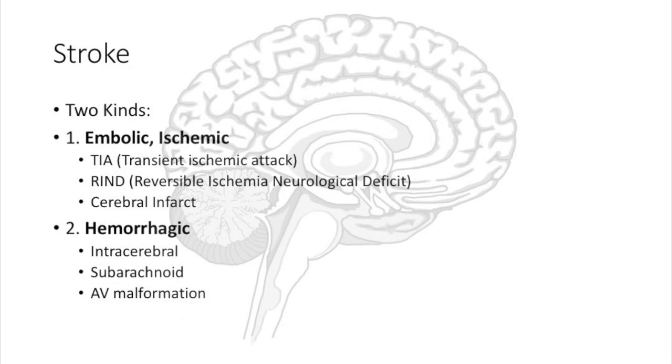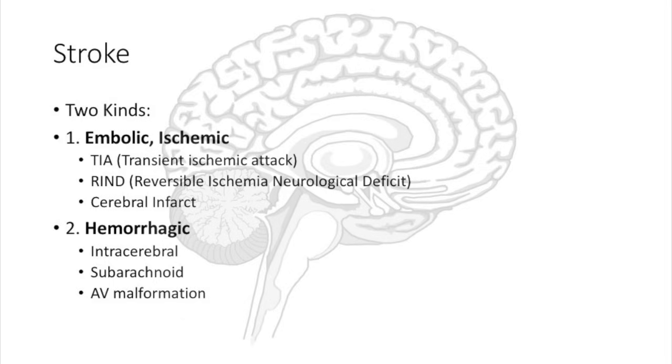The RIND can last 1 to 2 months, 3 months, and then the cerebral infarct, of course, is permanent. Hemorrhagic strokes can be intracerebral, subarachnoid, AV malformation, and can just generally cause bleeding, and are typically significantly less common than the ischemic strokes.